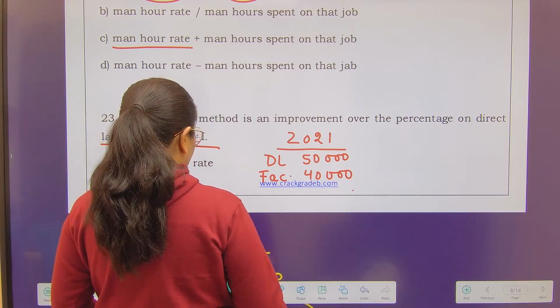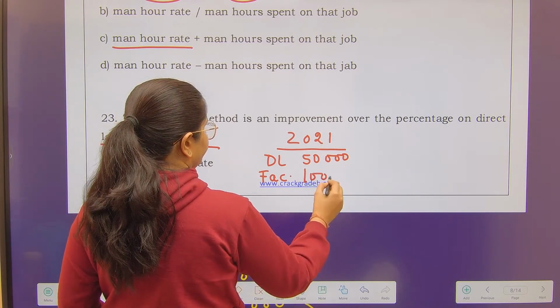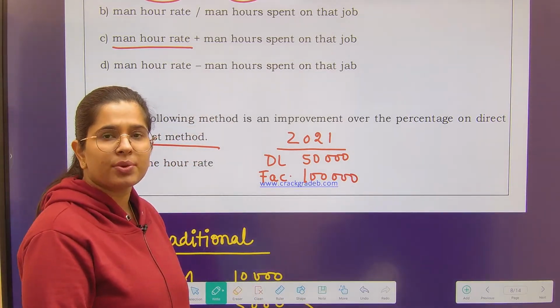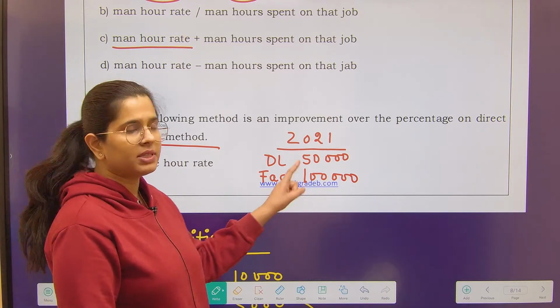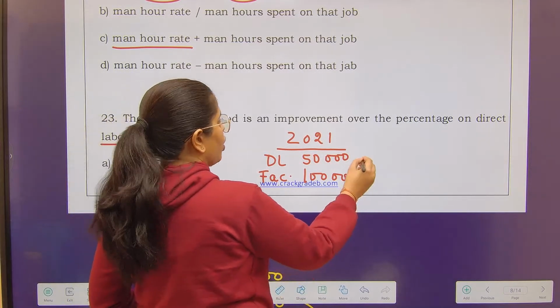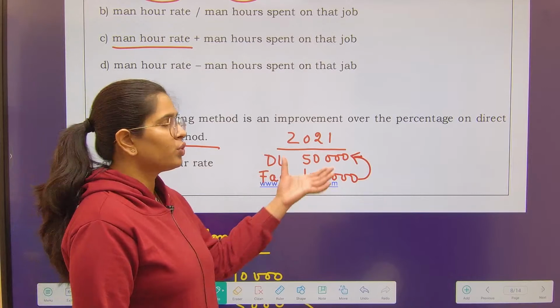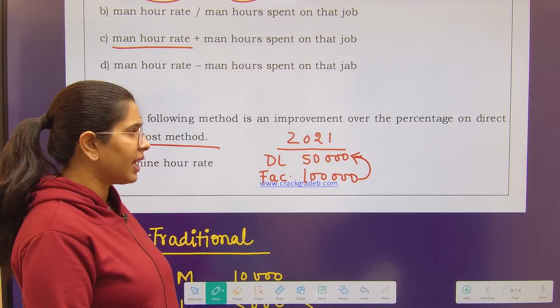Or for the ease of calculation, let's make it 1 lakh rupees. Now see, what is the relationship between these two? So 200% of the direct labor is the relationship between these two. So traditionally it was being done like that. You used to compare the older data and on the basis of that a percentage was calculated.